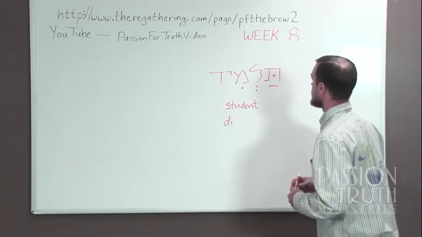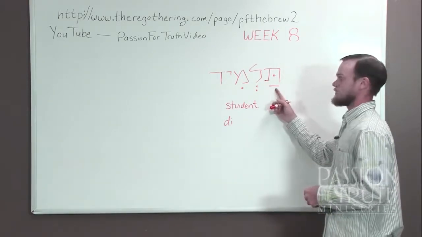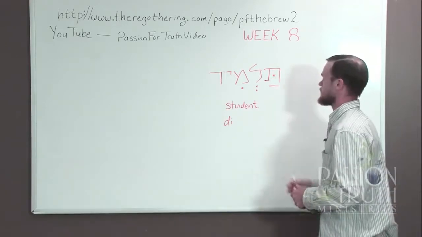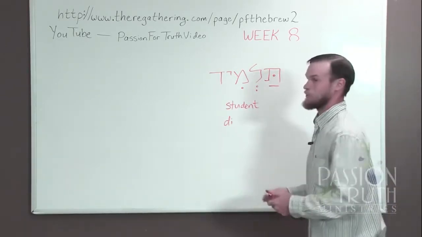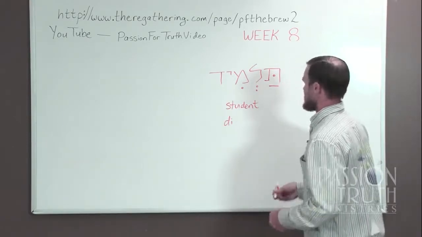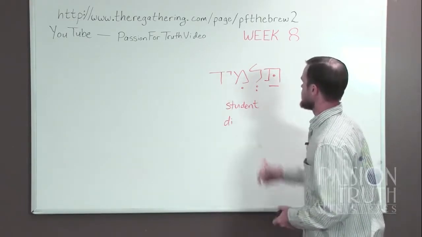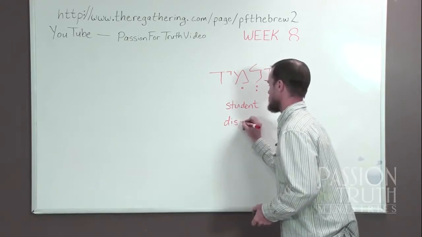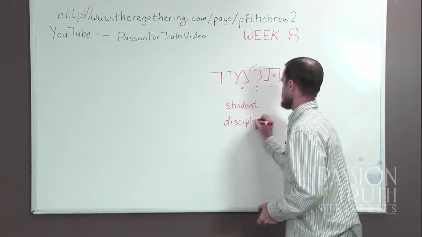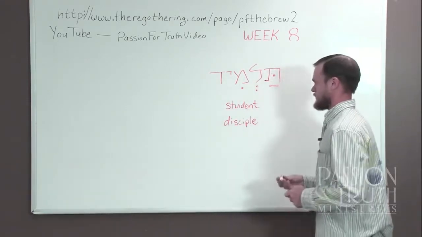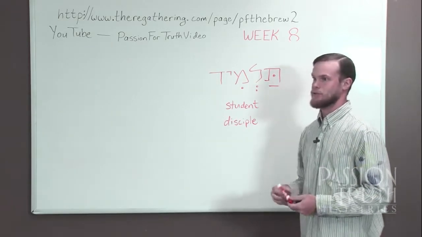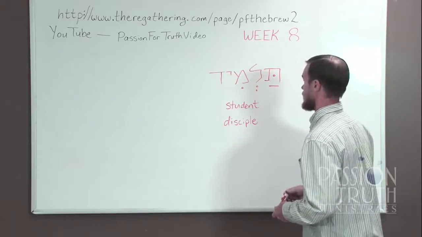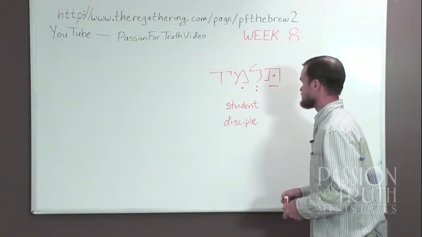If your sheet that you have at home is missing a patach vowel, that's my fault for excluding it. It does, in fact, have a patach under that tav. Thank you. Student can also mean disciple. And disciple, of course, is a little more serious of an idea than just a student. But one who studies is a talmid.